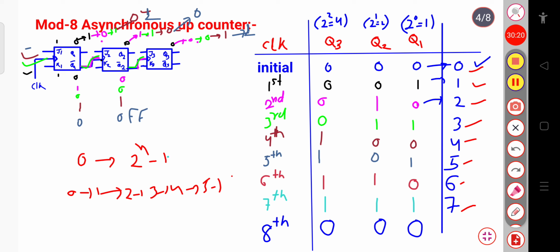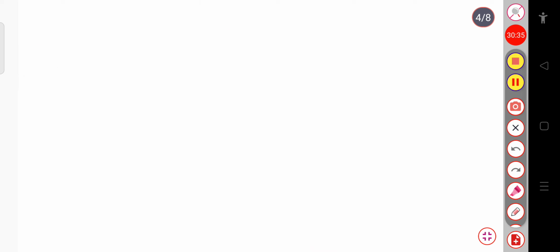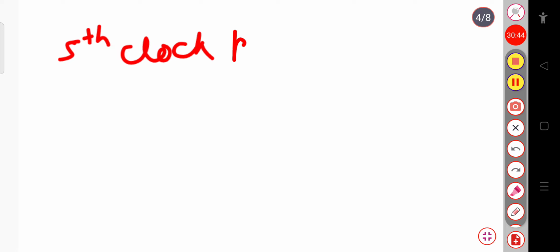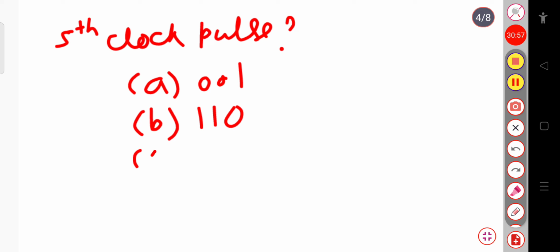Suppose the question is asked: what will be the fifth clock pulse? Suppose the options are, here I am giving the options: 0 0 1, 1 1 0, 1 0 1, 0 1 0.